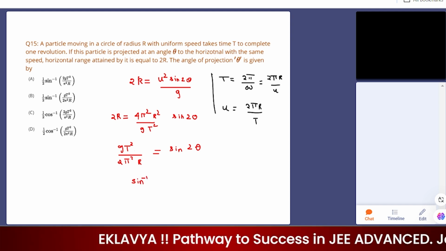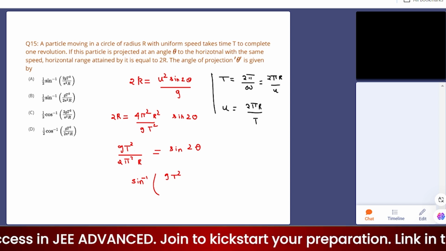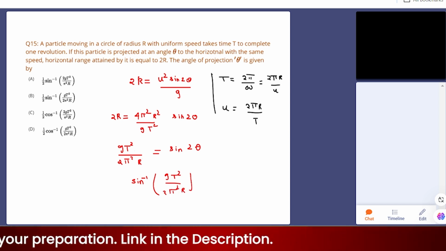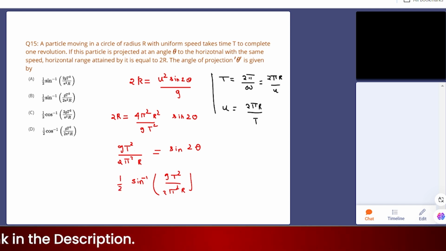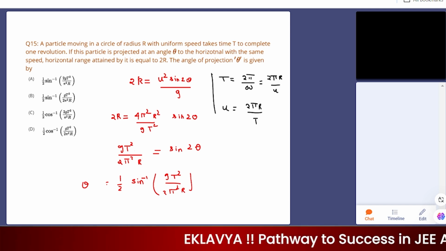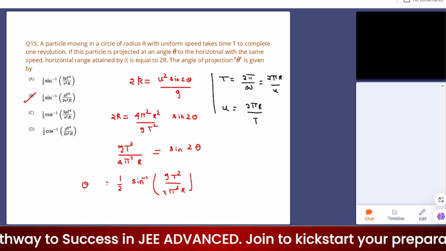That means you will have an answer sine inverse of this overall value g T square by 2 pi square r. 2 theta shall become 1 by 2 on the other side is equal to theta. That will be option B. Okay, let's go for the next one.